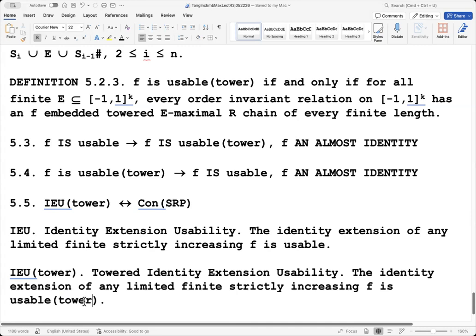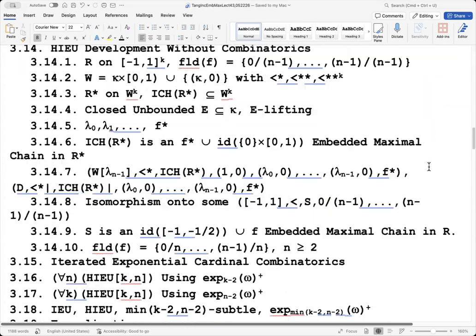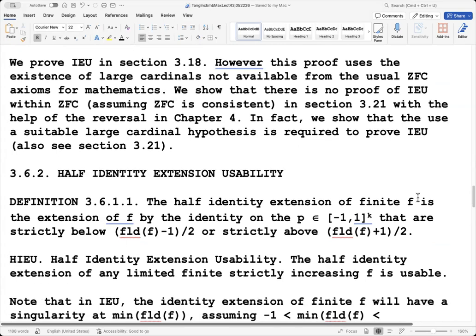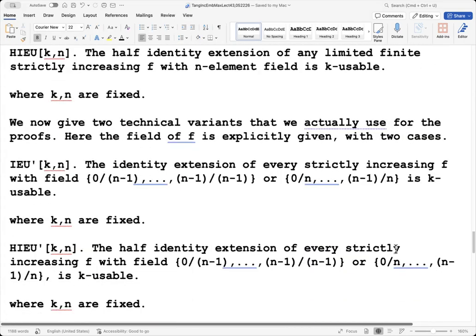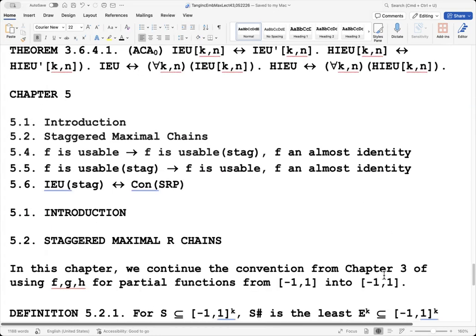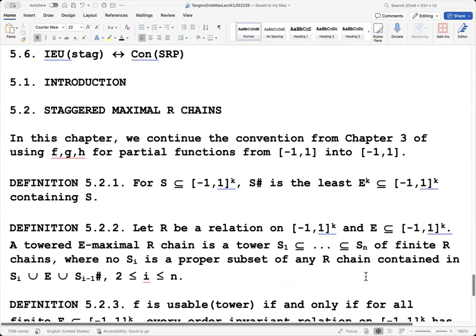All right, now there is something else though. This is mission creep, and I think I may do this. Let's go back to where we were. Here, the tower maximal chain.